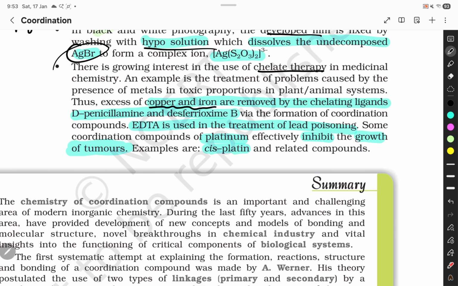And they can be removed by using chelating ligands. As easy as that. They form stable complexes with those toxic materials, and boom, it's done. All the toxic metals are gone. Same thing, EDTA is used for treatment of lead poisoning because it forms a stable complex with lead. You can also say that platinum inhibits growth of tumors by forming complexes such as cisplatin.